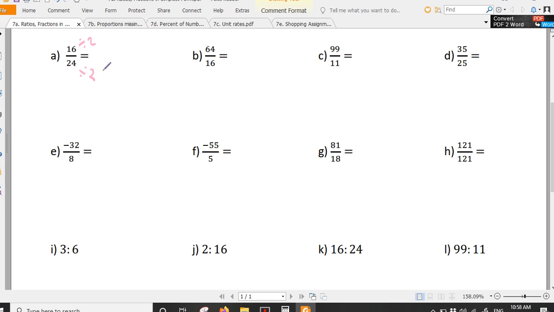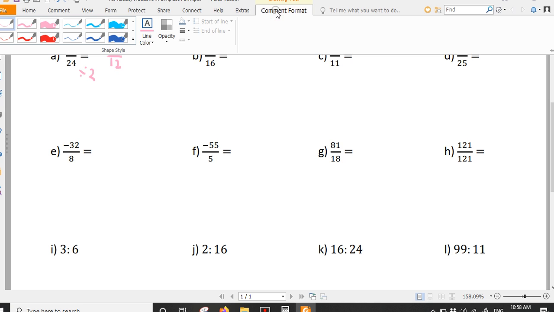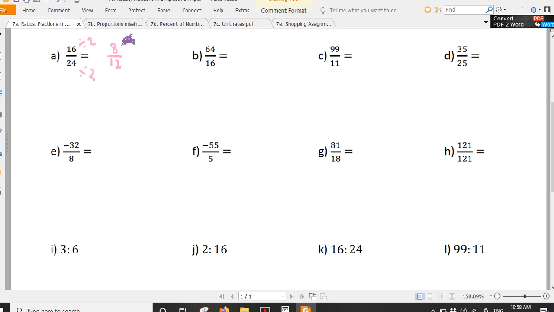What's 16 divided by 2? 8. What's 24 divided by 2? 12. And I look at that and go, can that get any smaller? It sure can. So let's try 2 again, because it's both still even. Divided by 2, divided by 2. 8 divided by 2 is 4. 12 divided by 2 is 6. Can that get any smaller?